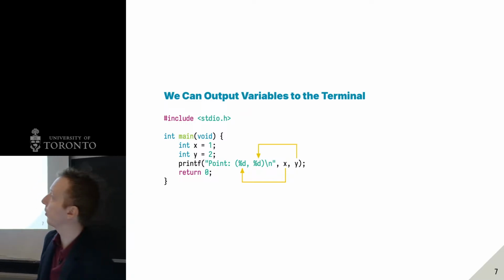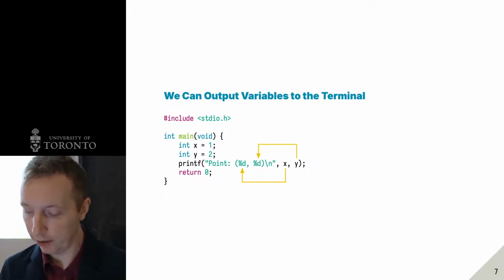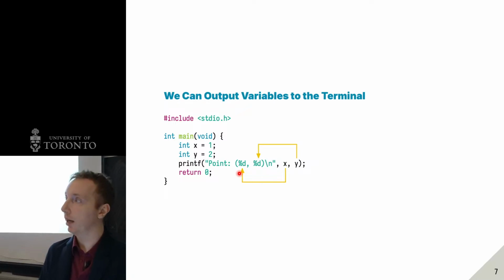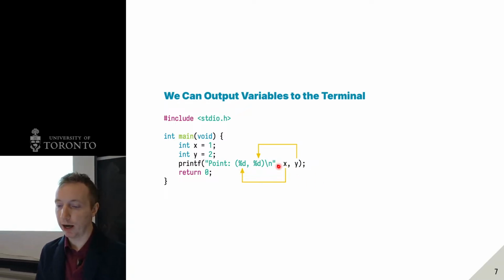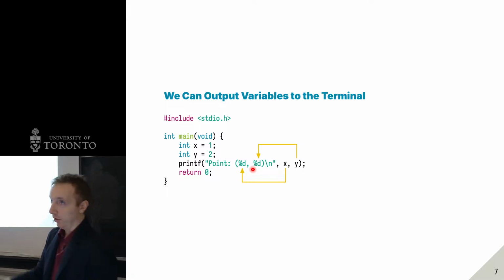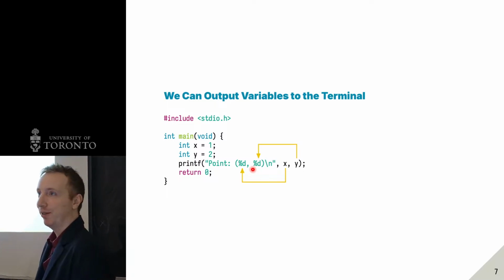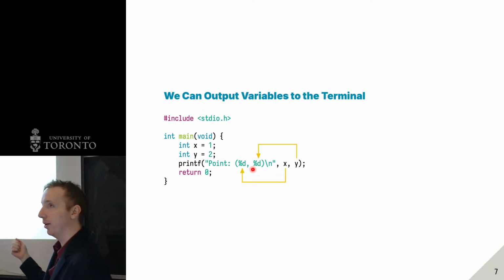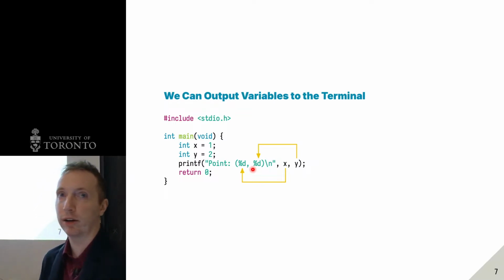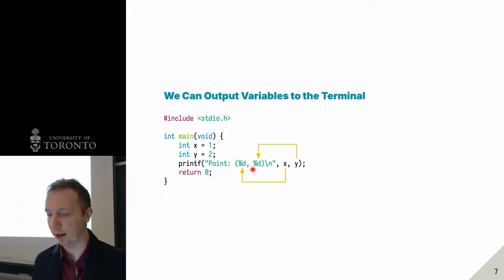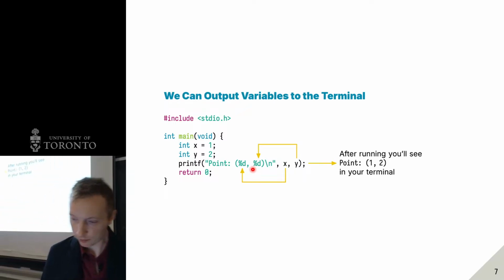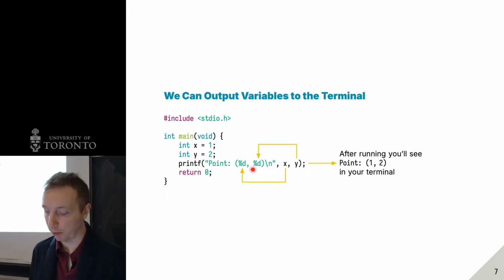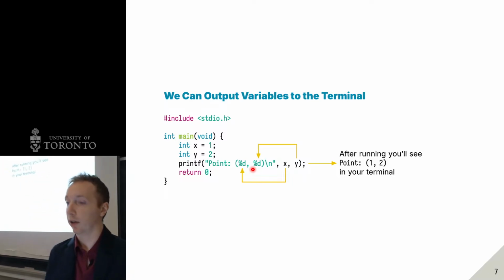So x will correspond to the first format specifier. So I want to print this x as an int, and I want to print this y as an int. Usually, your format specifier should always match the type you want to print. Otherwise, you might get confusing results and it might not be exactly what you expect. So again, if we go ahead and run this, we should see 1, 2 in our terminal.